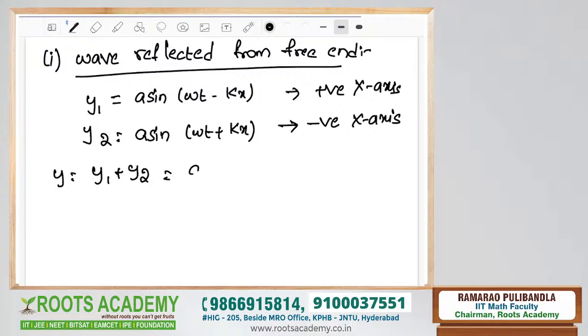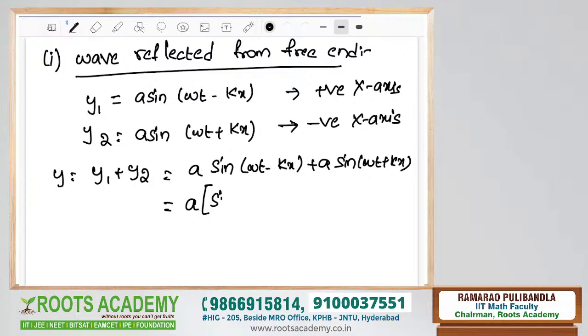So the resultant would be a sine of omega t minus kx plus a sine of omega t plus kx. By taking out a common, we get a times the sum of sine of omega t minus kx and sine of omega t plus kx.